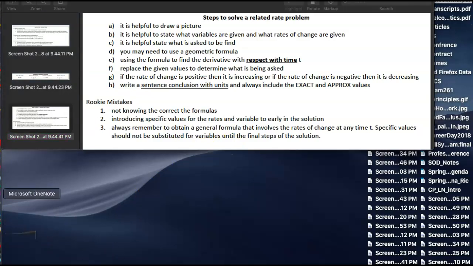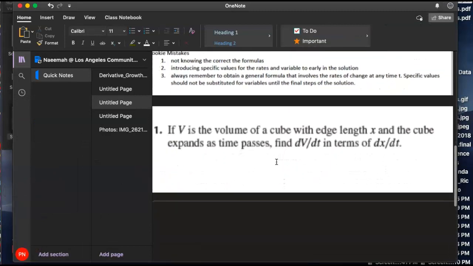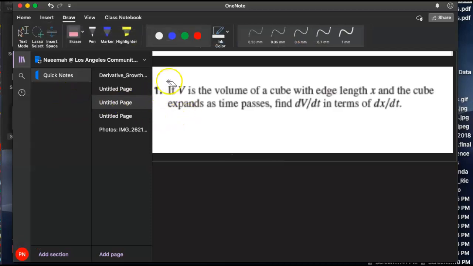Let's take a look here at this example. If the volume of a cube with edge length x expands as time passes, find dV/dt in terms of dx/dt. So what is that going to look like?